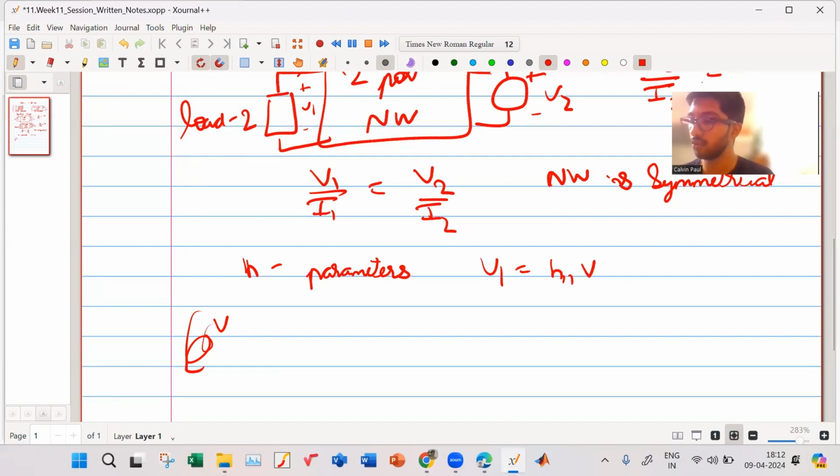This is H11 into V2. Then it cannot be V2, right?